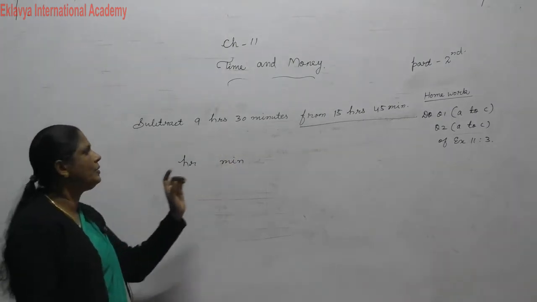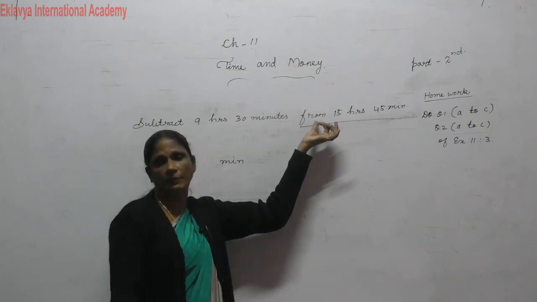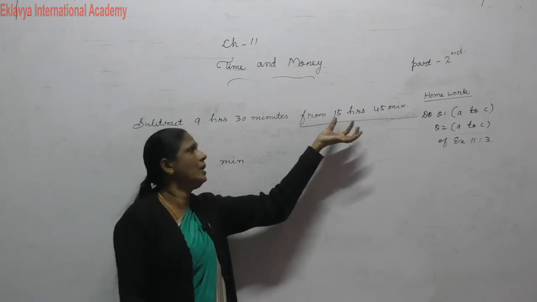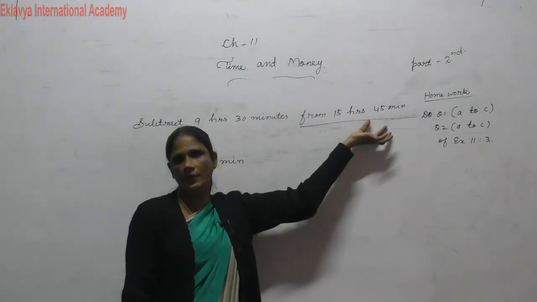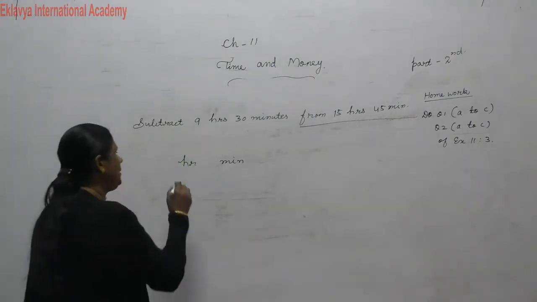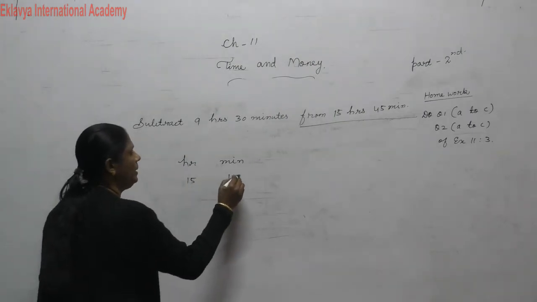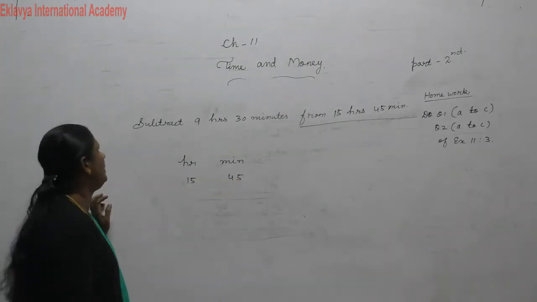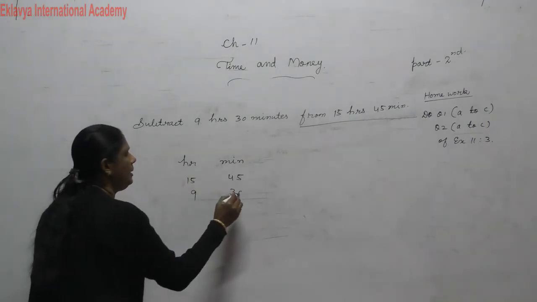This word "from" comes in the question. Therefore, which number do we write first? This second number we write first: 15 hours, then 45 minutes. Then here 9 hours 30 minutes.